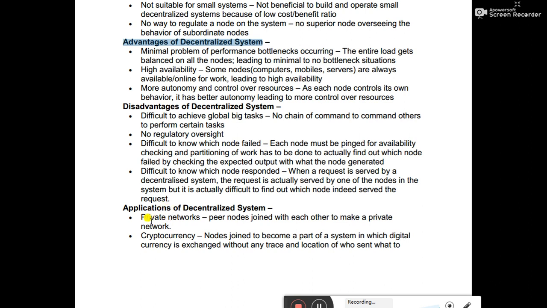A few applications, like one example already given above, which is cryptocurrency. And a few years back, we used to download a few things or a few games or a few movies over torrent network. Those networks also can be seen as a decentralized system.